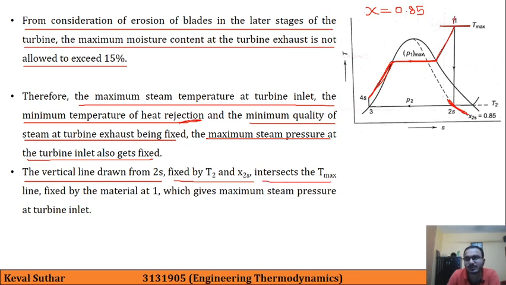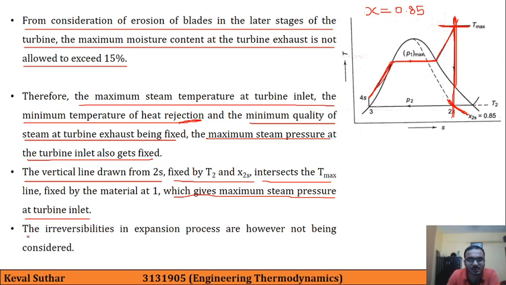So if we draw this vertical line and this maximum pressure line with the T maximum, so we are intersecting this horizontal line, that is T max, and this vertical line, then we will get this point, which gives the maximum steam pressure at the turbine inlet.